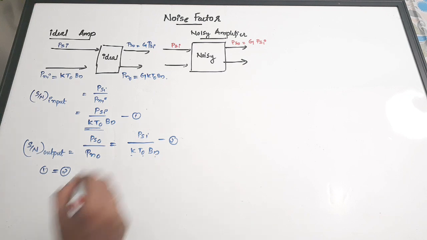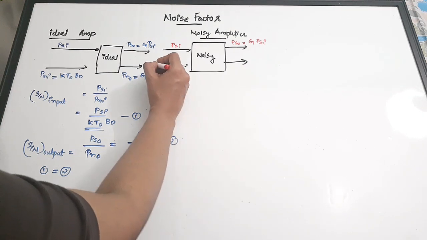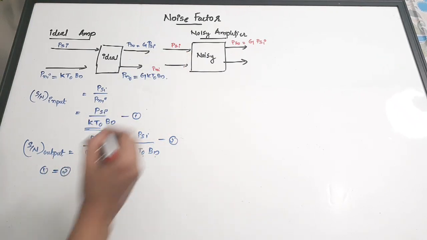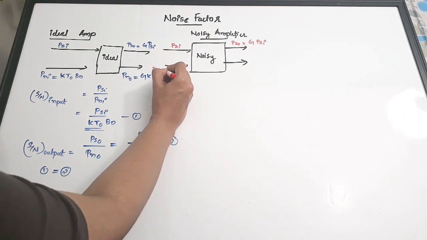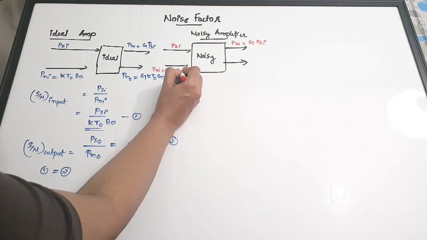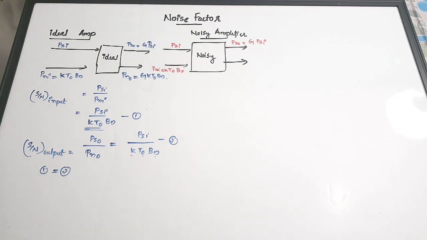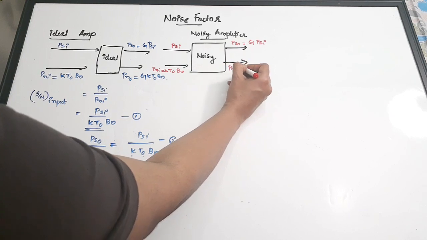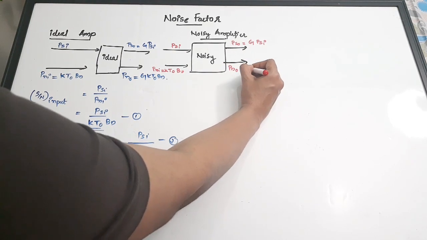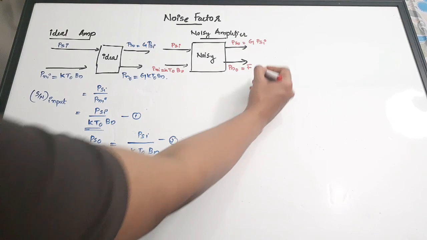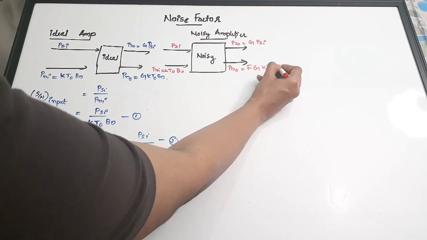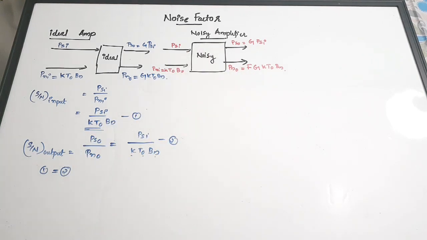Now the noise power we are going to take is PNI, that is, KT0Bn. And for the output side, PNO, we are going to take F into G into KT0Bn, where F is the noise factor and G is the gain of the system.